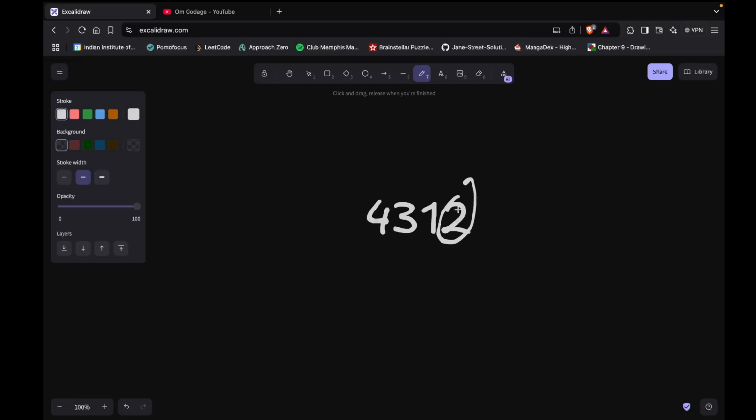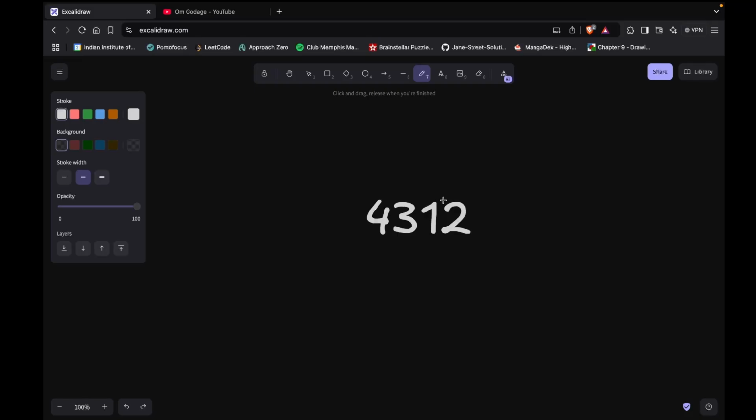So first you'll go through this, then this, then this, then this, and then this. You already know how to iterate over these integers when you did the sum of digits question.